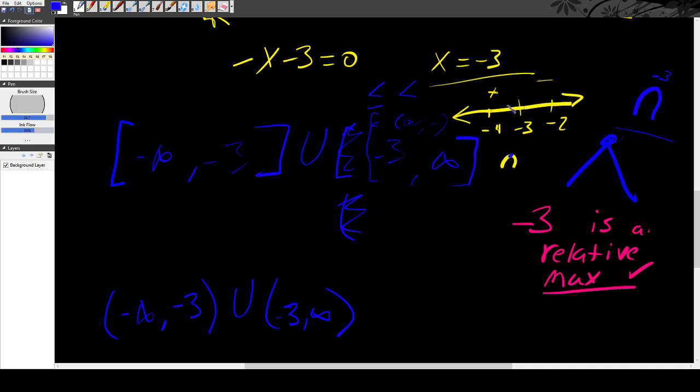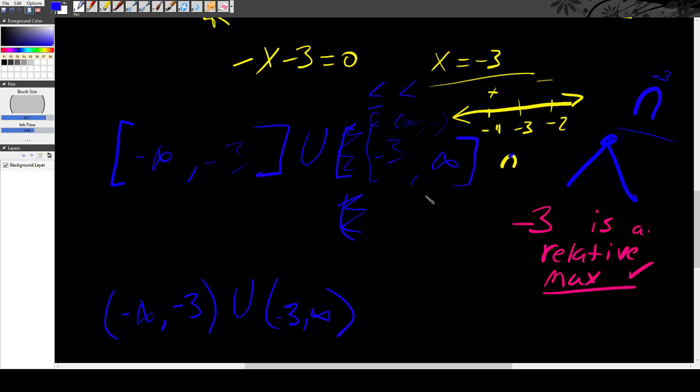If it's not continuous there, obviously they'll care. If it's not continuous, you have to use parentheses, no matter what. You cannot use brackets. But when it's like this, and this value is a critical number, it could go either way. Same thing with infinity.